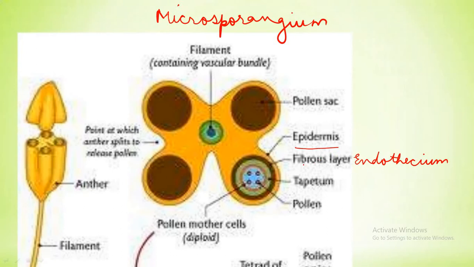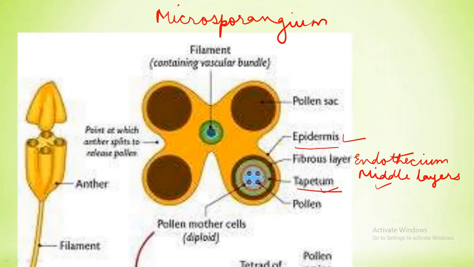Then inner to the endothecium there are middle layers. And the innermost layer is called the tapetum layer. So these are the four layers: the first layer is the epidermis, then endothecium, then middle layers, and then the tapetum.